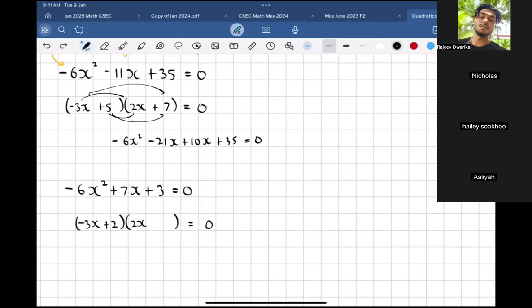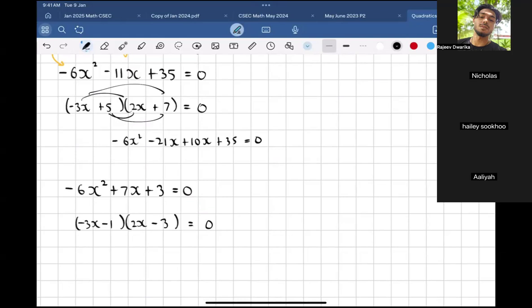Wait, what? If I multiply those numbers, I wouldn't get back 3. Use numbers that will give you back 3. I use minus 3x minus 1 into 2x minus 3.